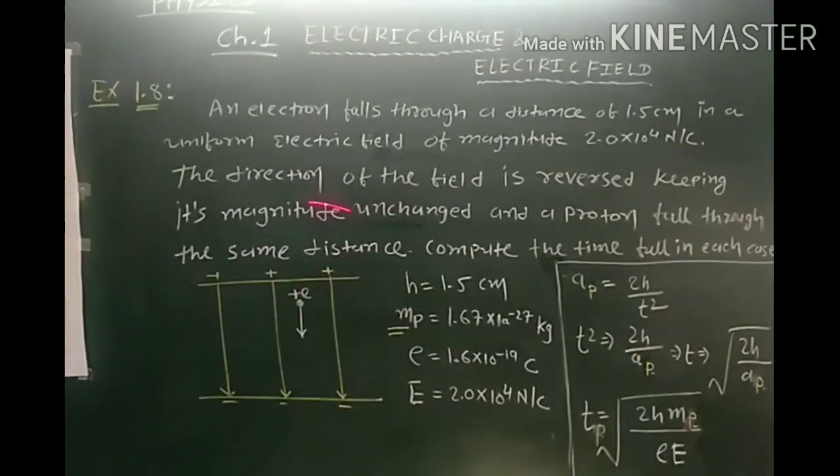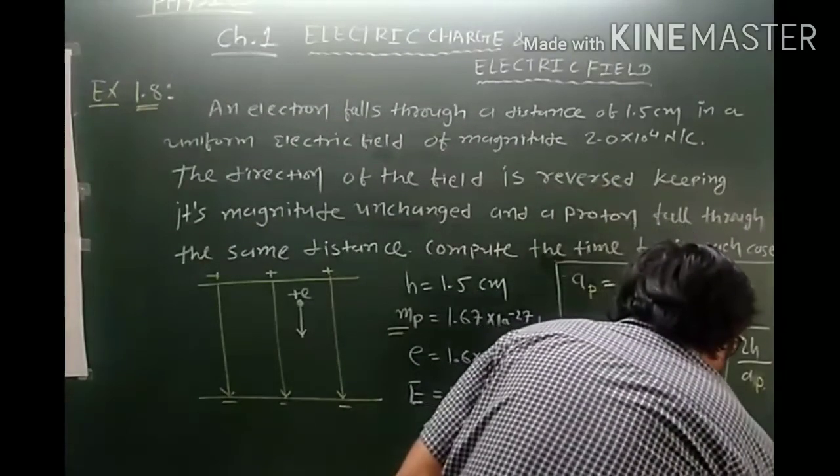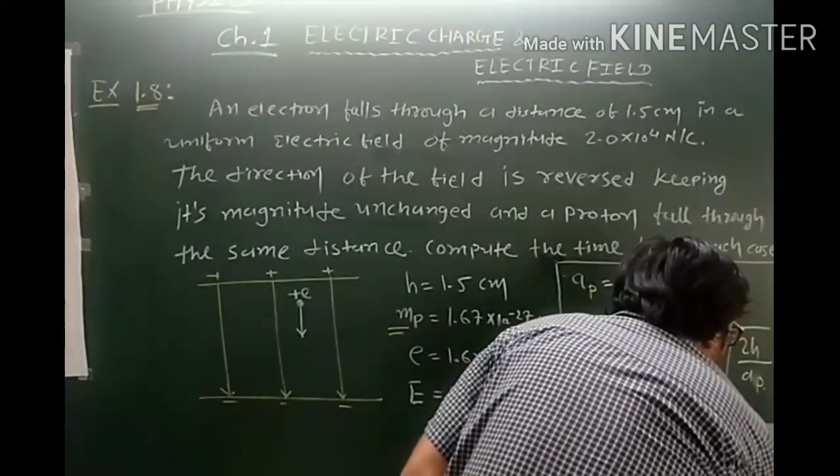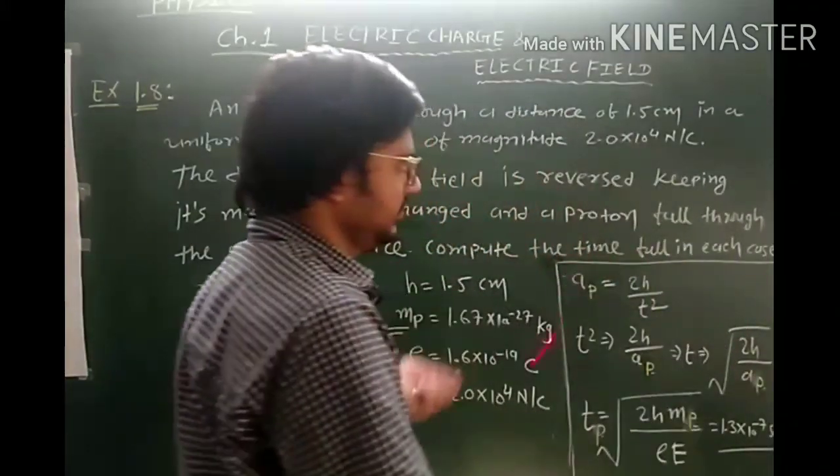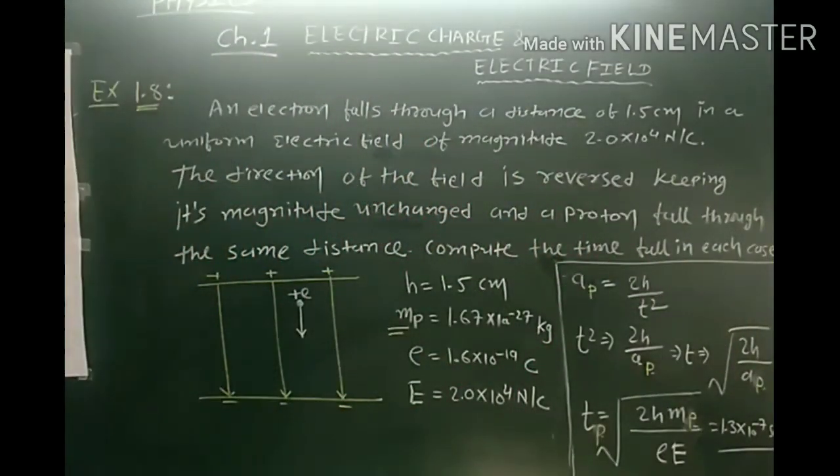Now we put all these values in this equation, and the time required by the proton to fall through distance h is 1.3 into 10 to the power minus 7 second. Please note down all this. Thank you.